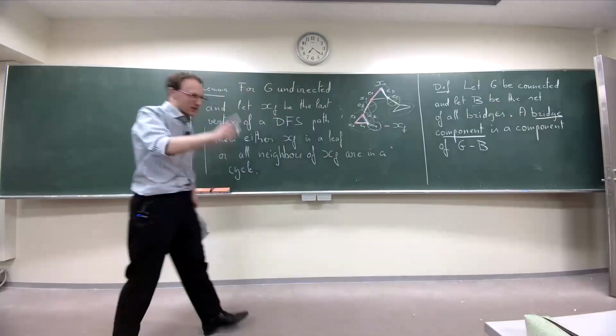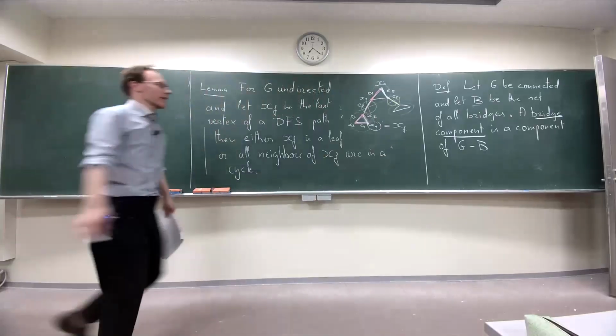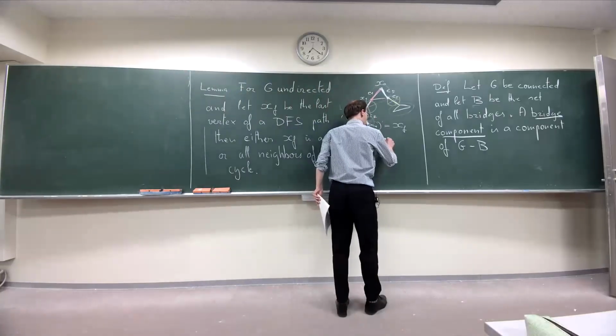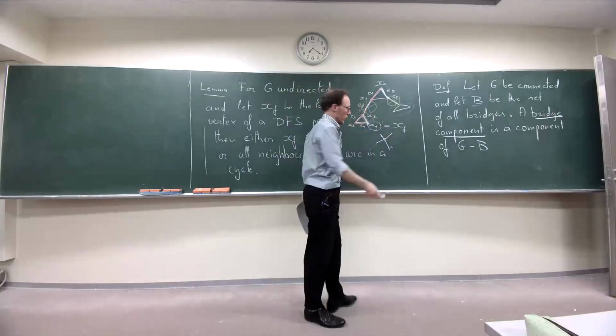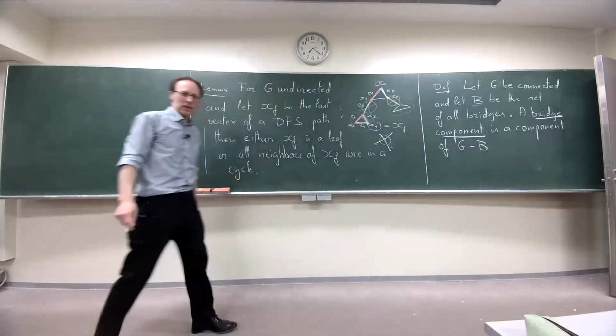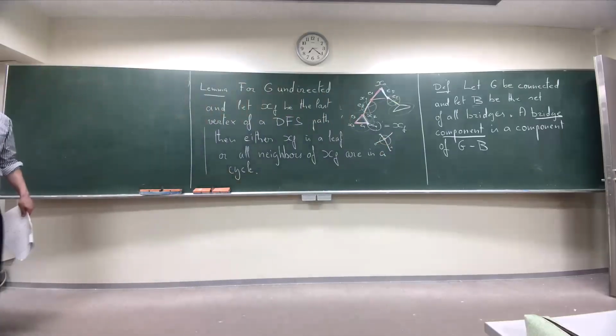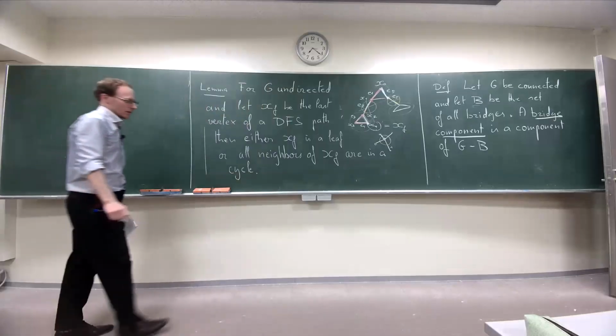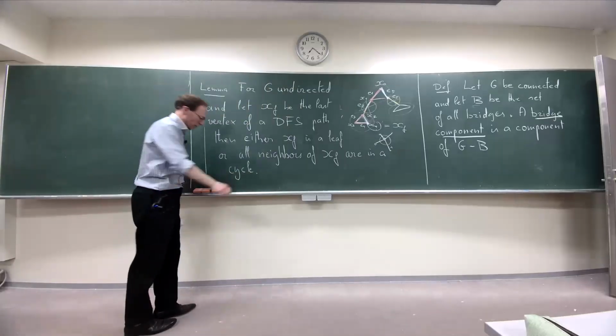So I suspect that it's only one. On the other hand, for cut vertices, you can have more, because cut vertices means I remove everything here, so we have four components, these four dots. But for a cut edge, I guess it's only one more component. You can try to prove it, and it's probably not difficult. I didn't check.